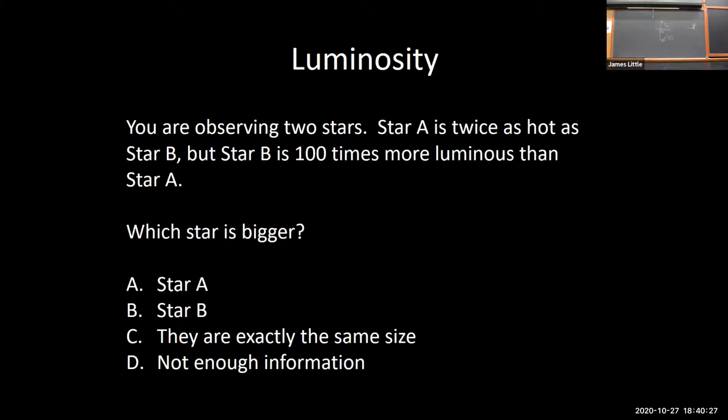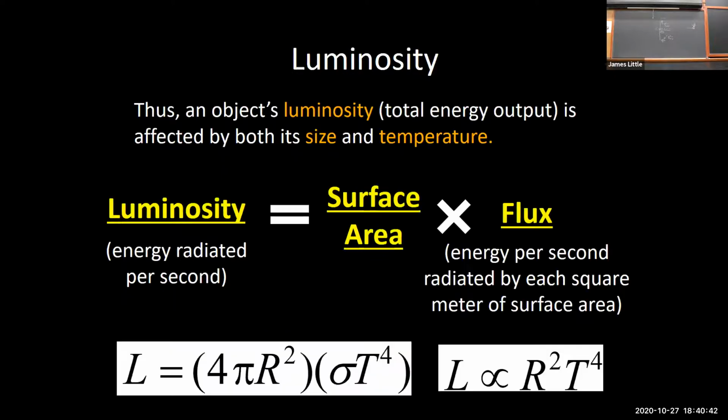So you're observing two stars. Star A is almost twice as hot as star B, but star B is 100 times more luminous than star A. Going back here, temperature goes as the fourth, radius goes as squared.